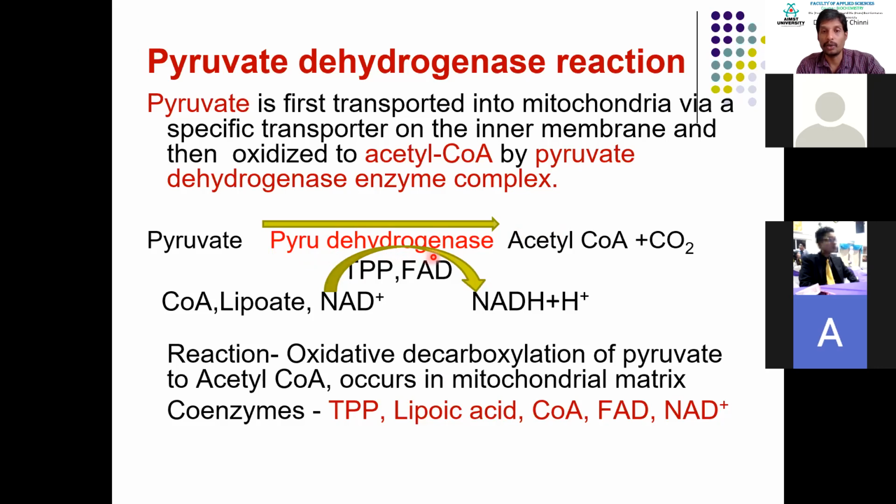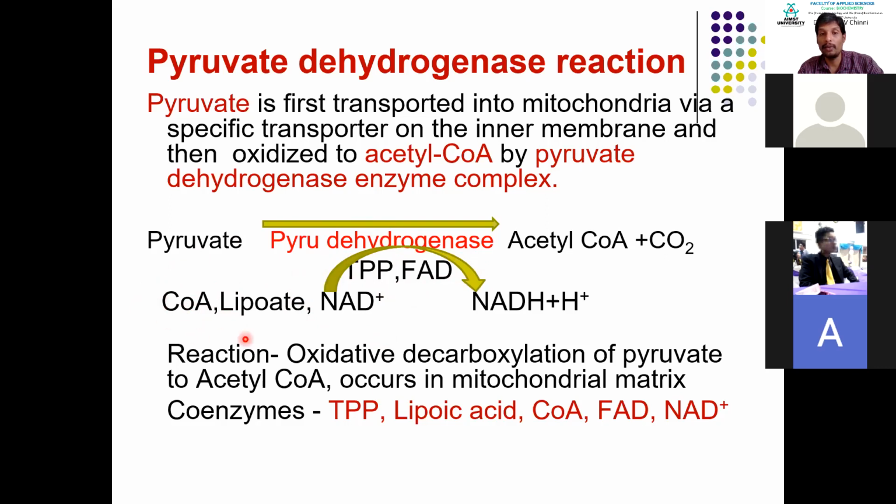Pyruvate dehydrogenase is a very big complex enzyme. It does not have one substrate, it has multiple substrates. It can be illustrated as three big enzymes together forming one enzyme, that is pyruvate dehydrogenase. And this enzyme has coenzymes. There are 5 coenzymes. What are those? Coenzyme A, lipoate or lipoic acid, NAD, TPP, and FAD.